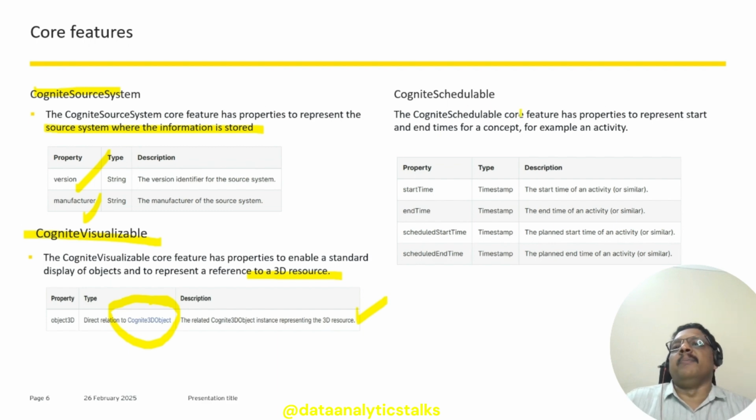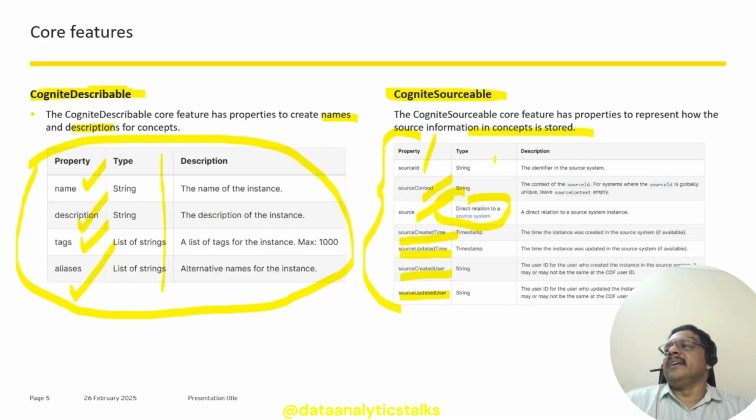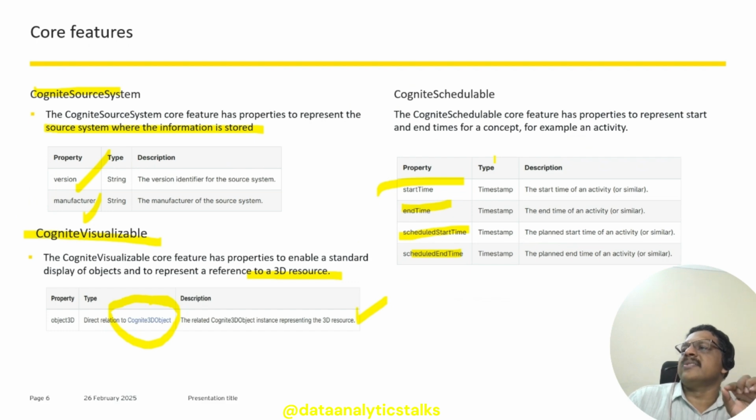The Cognite schedulable core feature has properties to represent start and end times for a concept. For example, an activity: start time, end time, schedule start time, schedule end time. So basically, now we have seen the core features: Cognite describable, Cognite sourceable, Cognite source system, Cognite visualizable, Cognite schedulable.